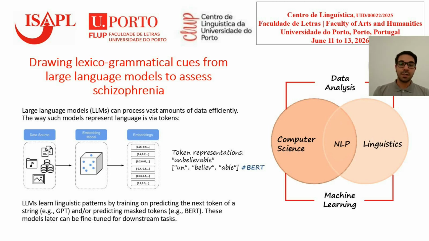So BERT takes an input and masks a token from this input, and then tries to predict this token based on its surrounding tokens. And by adjusting its weights in relation to getting predictions right or wrong, BERT learns patterns and adjusts the values of its embeddings.